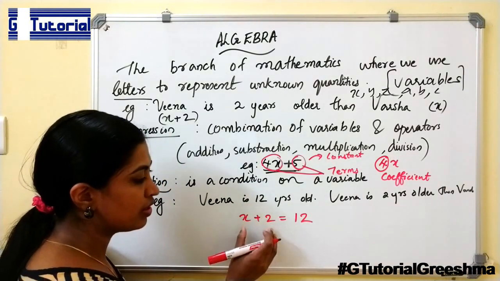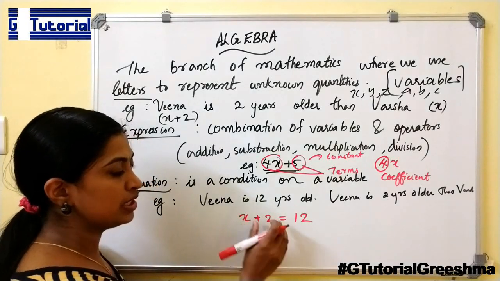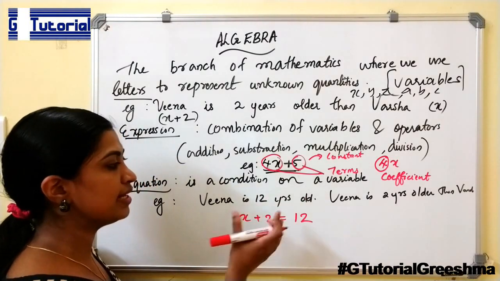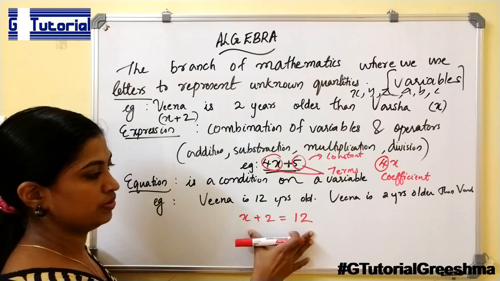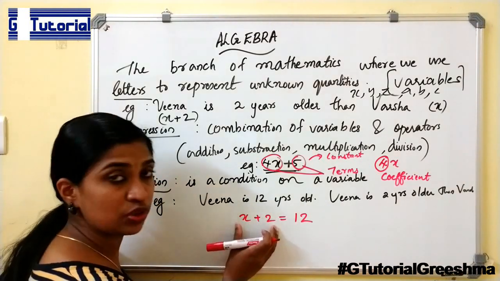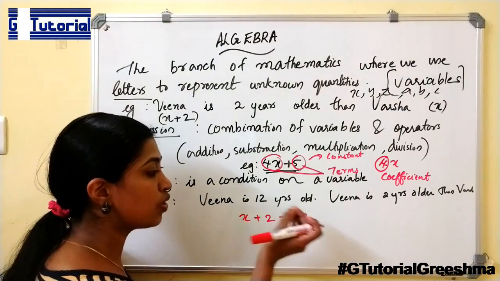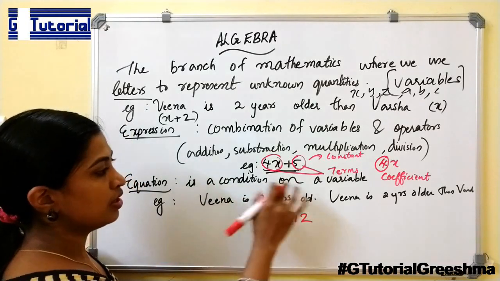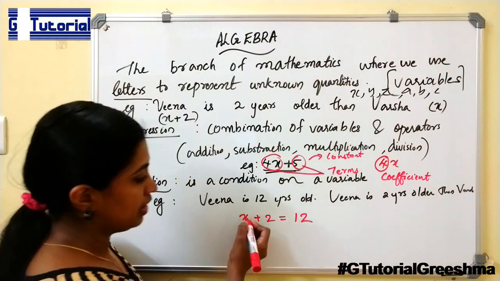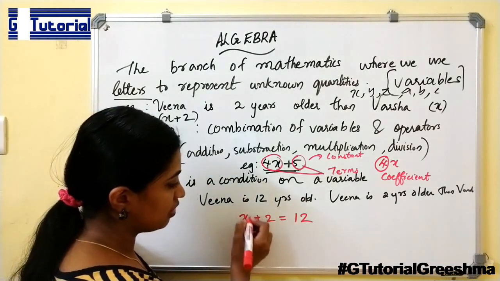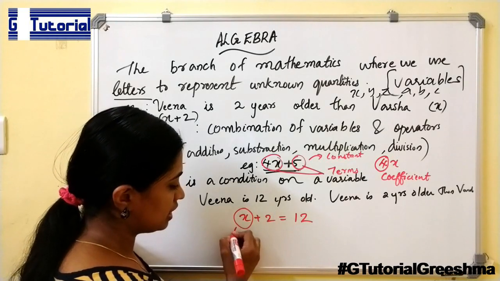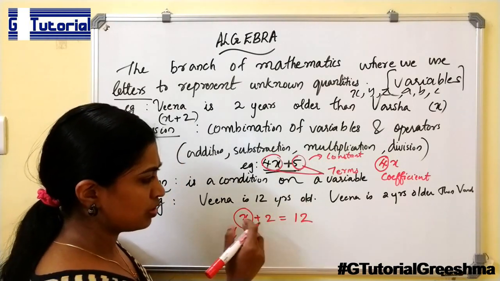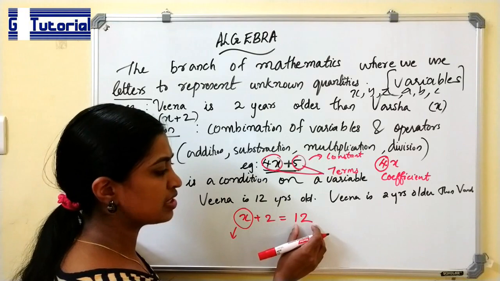So if you are equating it to some value, then that is called an equation. If you are equating the algebraic expression to a constant, then it is called an equation. And here the condition is that the value of x should be a specific one in order to get the answer as 12.